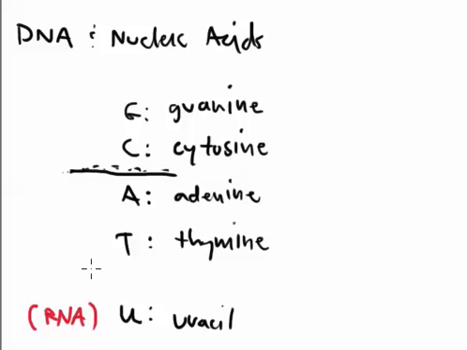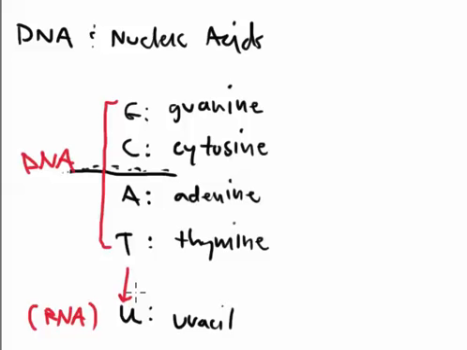That's it. So G, C, A, and T will be found in DNA. And all of these are found in DNA or RNA as well, except for thymine. And thymine gets replaced by uracil when we discuss the RNA structure. There's a reason.